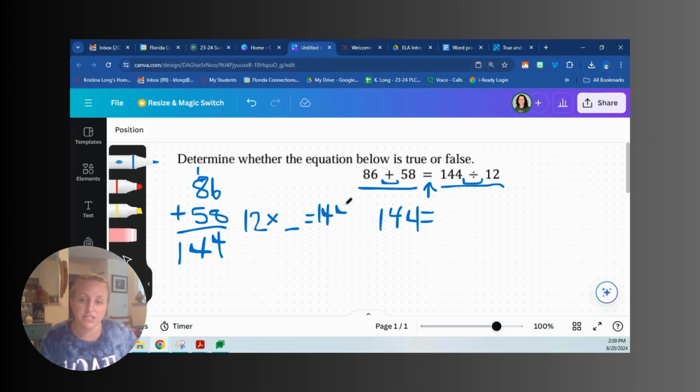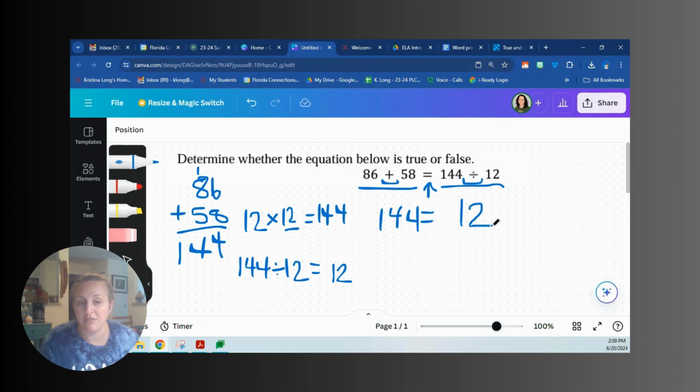If you don't know right off the top of your head, you can skip count by 12s. 12, 24, 36, 48, 60, 72, 84, 96, 108, 120, 132, 144. 12 times 12 equals 144. So that means that 144 divided by 12 is equal to 12. All right, so that means that we have 12 on the right-hand side of my equation.